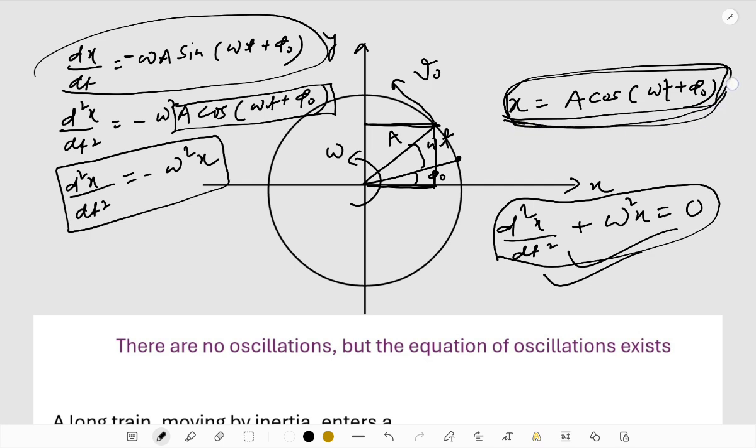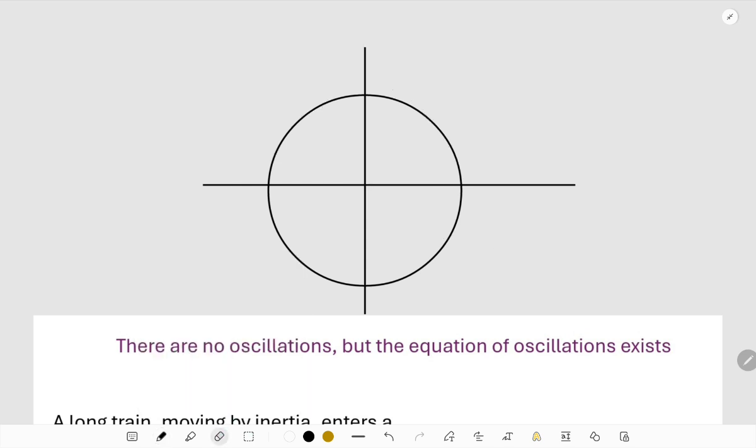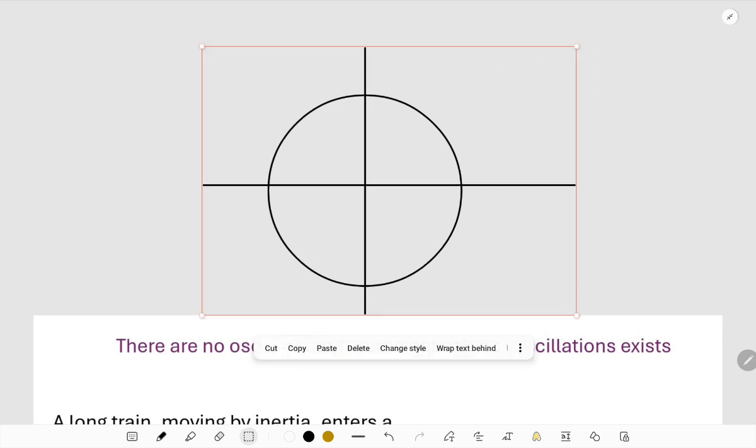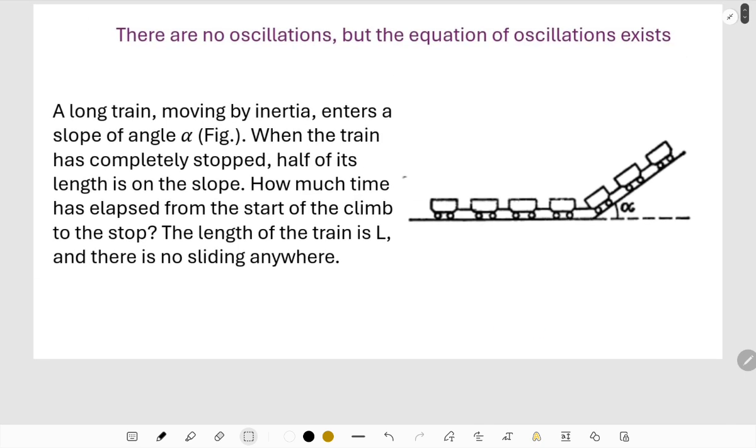This is the basic sinusoidal motion equation, written here as a differential equation. I'm going to remove it, because I don't need to talk about it anymore.